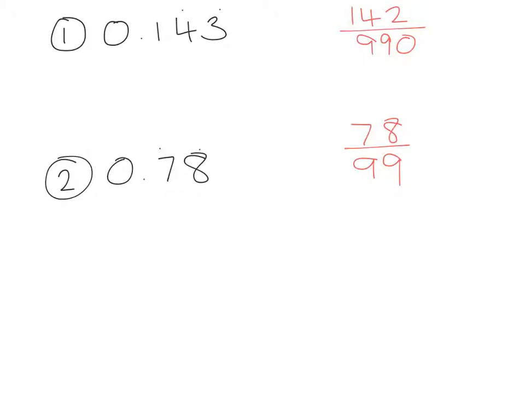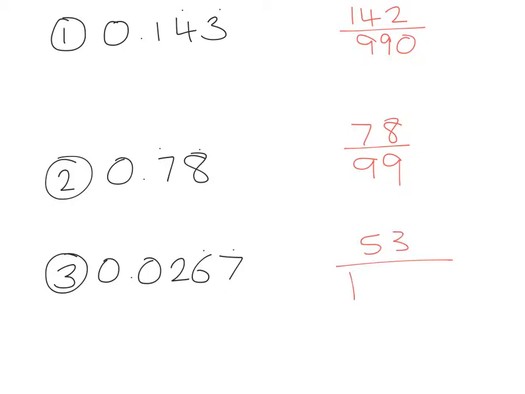And the last one can be 0.026.7, and the answer for that is going to be 53 over 1,980 in its most simplified form.